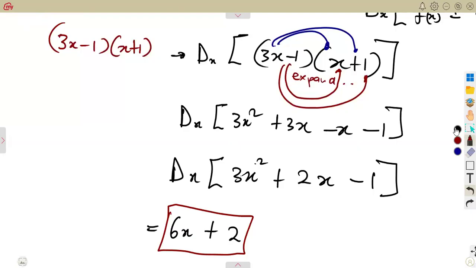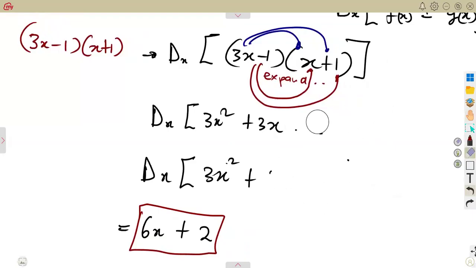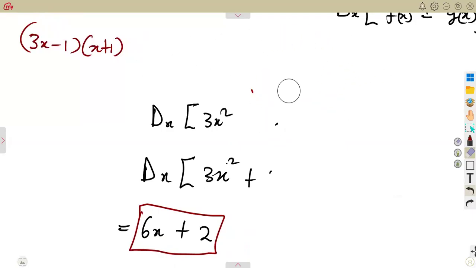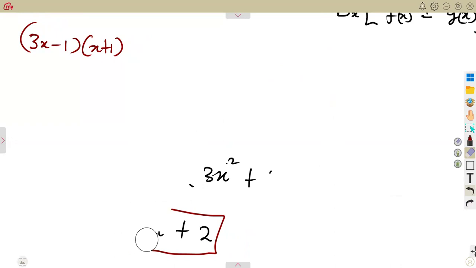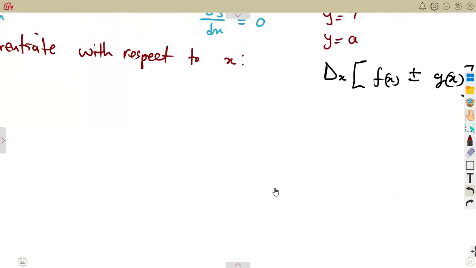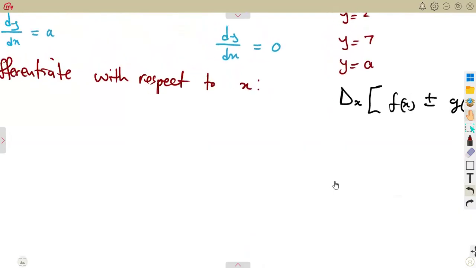Sometimes you need to expand the brackets that you are given. Sometimes factorization has to be applied, it depends with what you're given. Sometimes you need to apply the factorization concept, expansion of brackets. It depends.